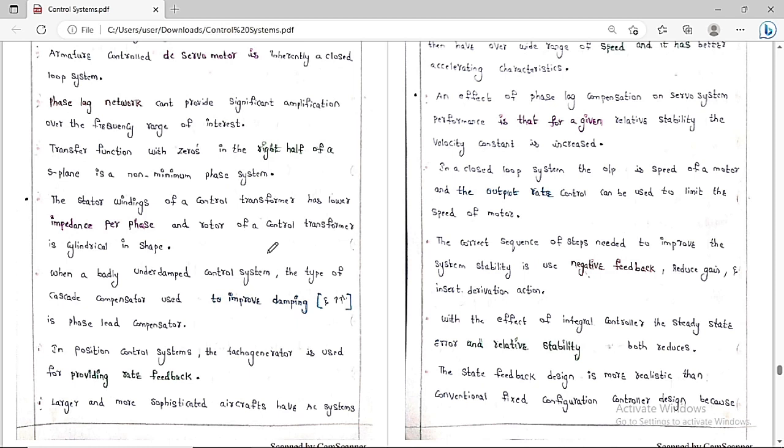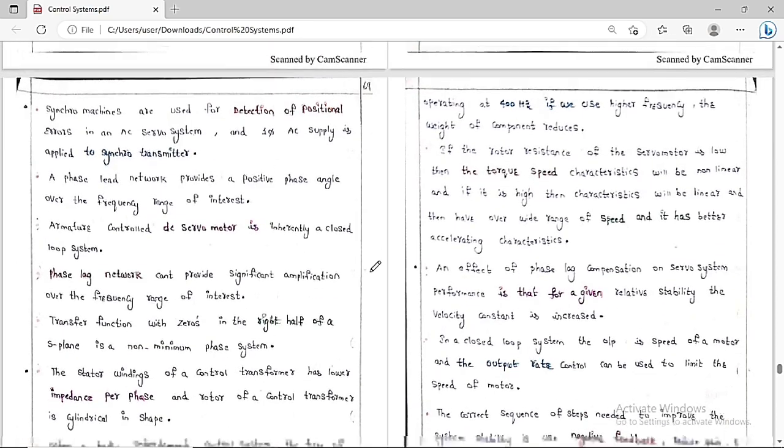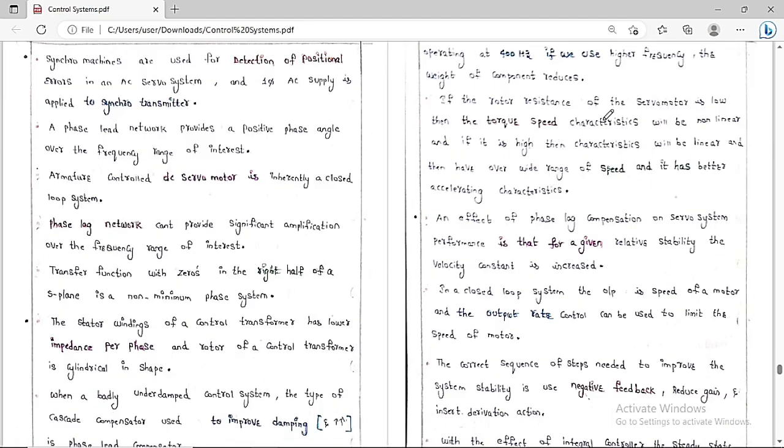The next point is, larger and more sophisticated aircraft have AC systems operating at 400 Hz.